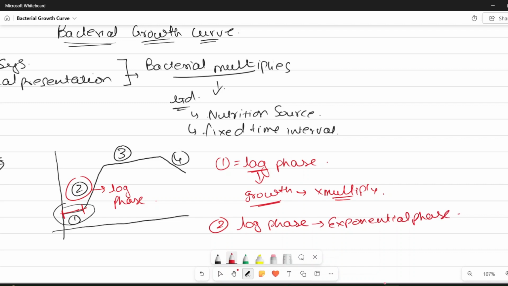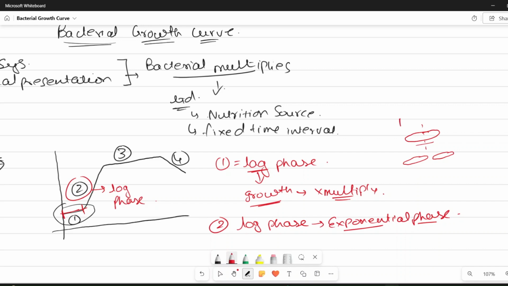Now, in this exponential phase, we already know that a bacterium undergoes binary fission, which means that a single bacterium is able to produce two bacteria.